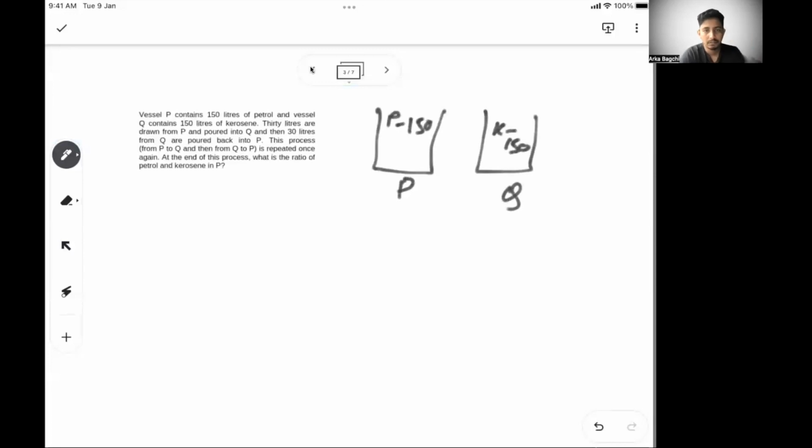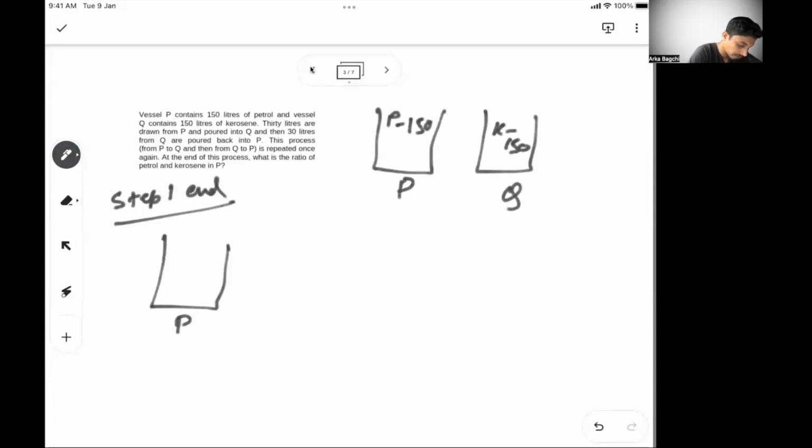So 150 liter of petrol, 30 liters drawn from P and poured into Q. So after step 1 ends, your P has petrol of 120 liter, nothing else because 30 liter has been drawn.